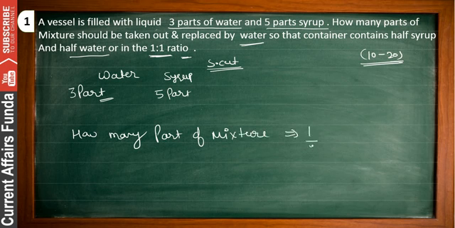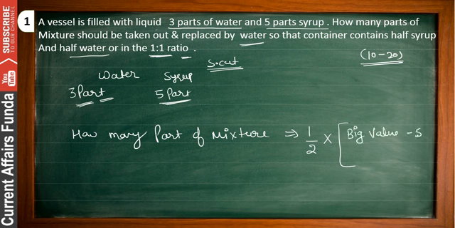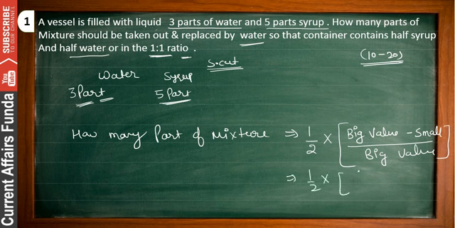First of all, write half, multiply with the big value, and this is your small value. So the formula is: big value minus small value divided by big value. That means half into, what is the big value here, 5 minus 3, that means 2, divided by the big value, this is 5 here.